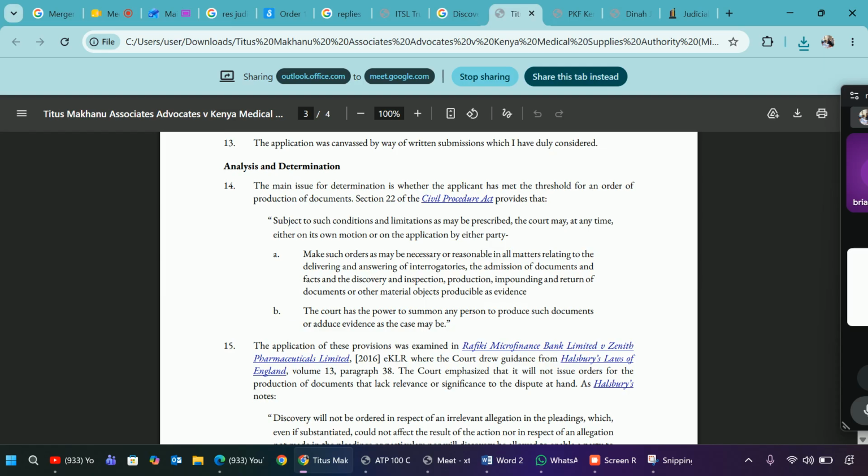So basically, if you read section 22 of the Civil Procedure Act, it says that subject to such conditions and limitations as may be prescribed, the court may at any time, either on its own motion or on the application by either party, make such orders as may be necessary or reasonable in all matters relating to the delivery and answering of interrogatories, the admission of documents and facts, and the discovery and inspection, production, impounding and return of documents or other material objects producible as evidence.